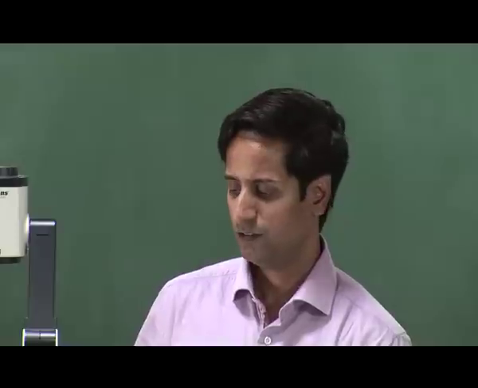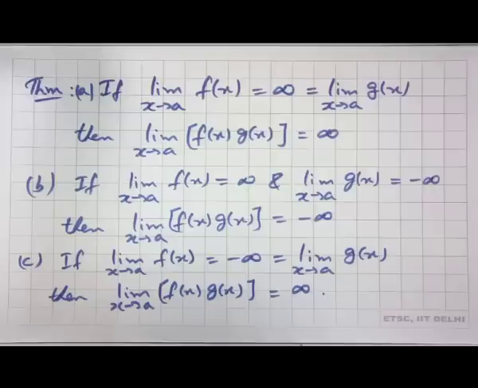Right. So, these things again you can prove using the rigorous definition, but they should be intuitively clear, because if f x and g x are both large positive numbers, then the product has to be again a large positive number. If one of f x is a large positive number, another is a large negative number, then the product will give you a large negative number, and if both are large negative numbers, then the product will be a large positive number.